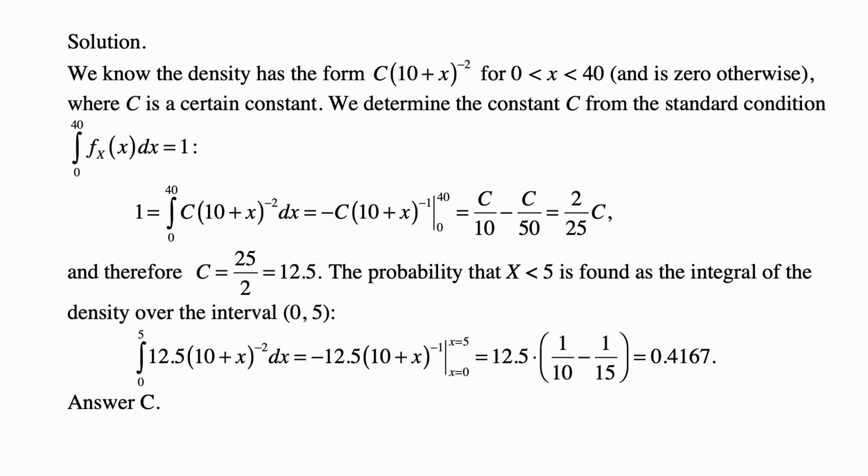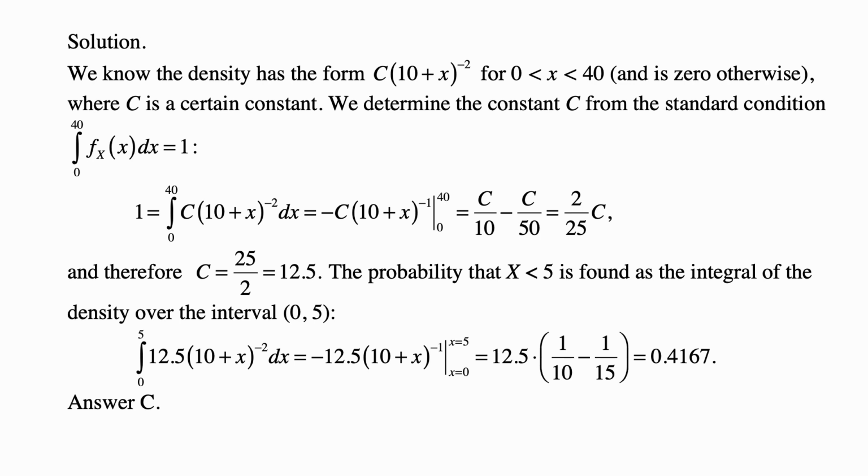And if you plug in 0, you'll subtract the value at 0, so minus minus makes it a plus. 10 plus 0, which is 10 to the negative 1, so 10 to the negative 1 is 1 over 10. So the value at 0 with a minus becomes positive c over 10.